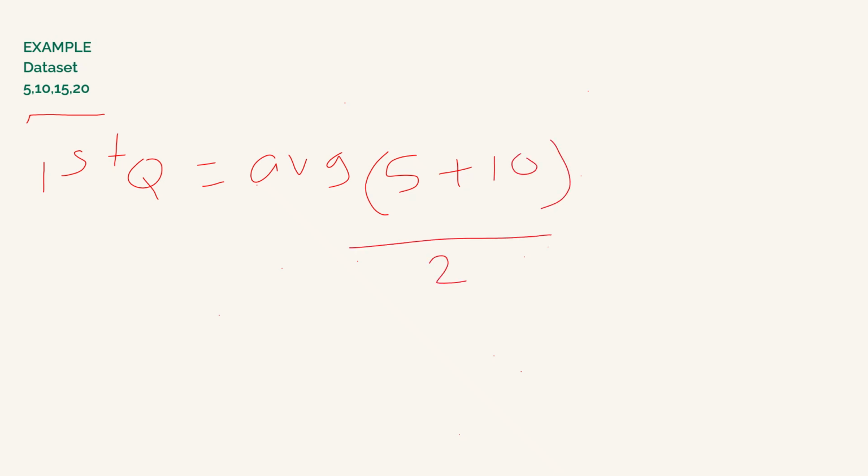The first quartile is the average of 5 and 10: 5 plus 10, which is 15, divided by 2.